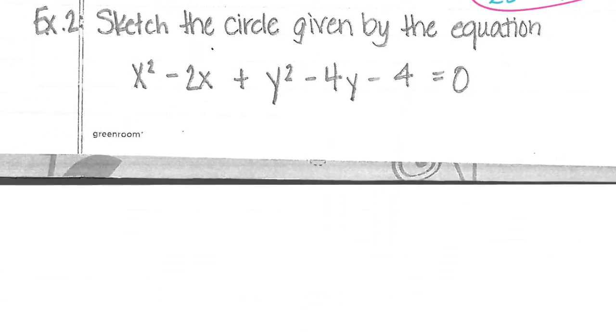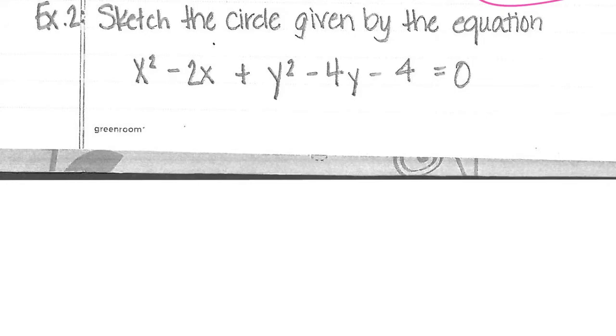All right, the next one says sketch the circle given by the equation. Well, I notice that I have some x terms here. I also notice that I have some y terms here. And I have a lonely constant. So what I'm going to do is put the x terms together and complete the square.